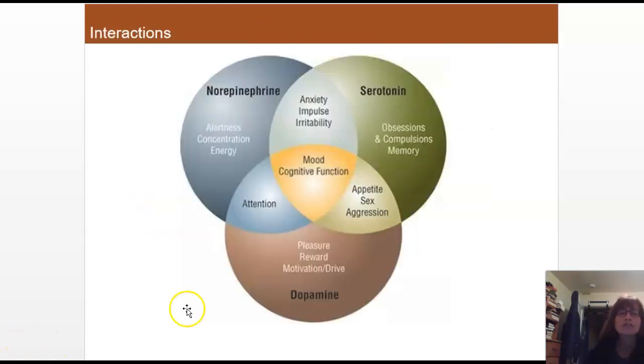The last slide I wanted to show you is not because I want to go back necessarily to these neurotransmitters, norepinephrine, serotonin, and dopamine, but to show you that a lot of these interact with one another. If you're looking specifically at mood and cognitive function, we can talk about all three of them, because all three play some role in that. If we're looking at anxiety, or impulsivity, or irritability, we might be talking more about the norepinephrine or the serotonin systems.